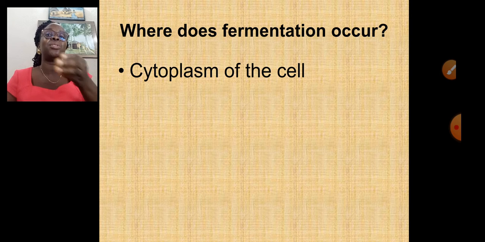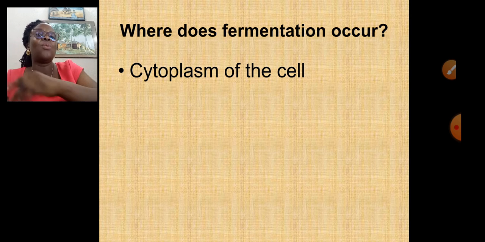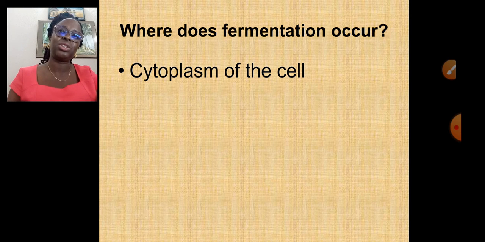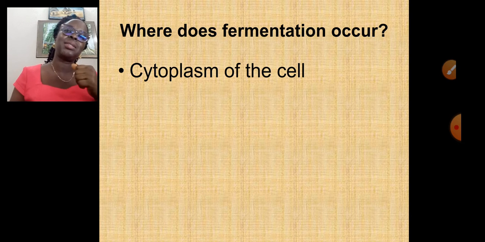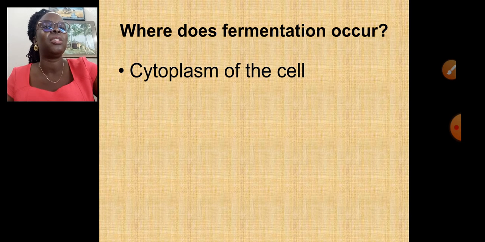So aerobic respiration occurs in the mitochondria, while anaerobic respiration occurs in the cytoplasm of the cell. That's another difference that you should note.